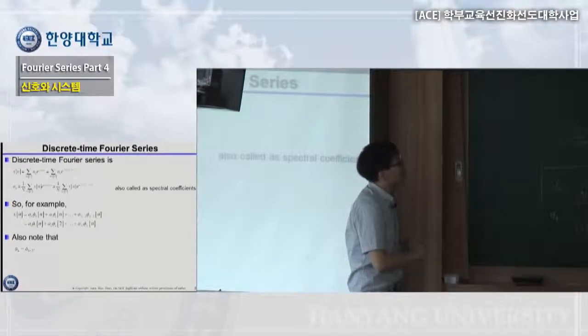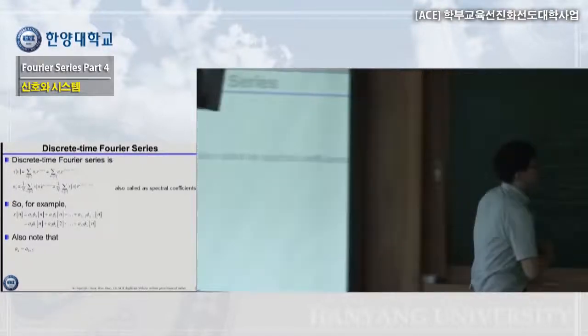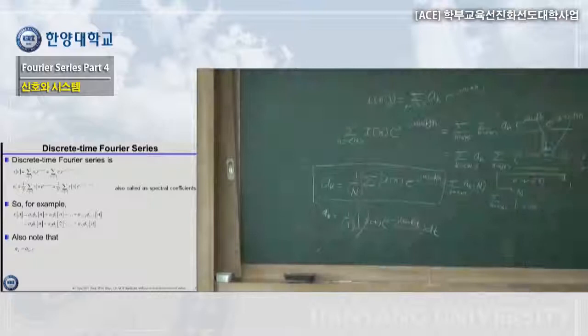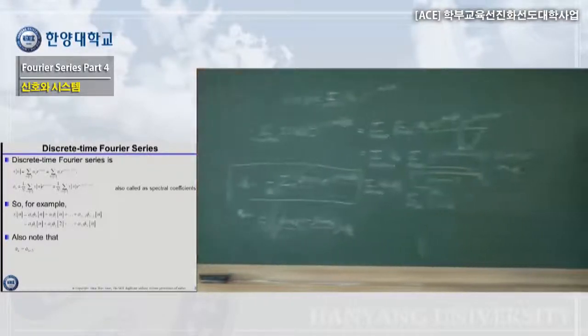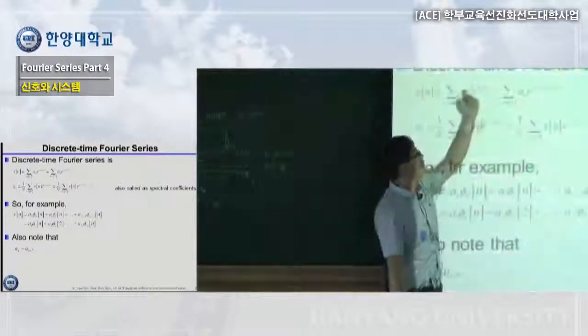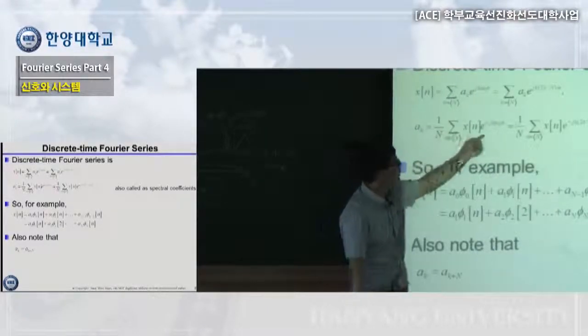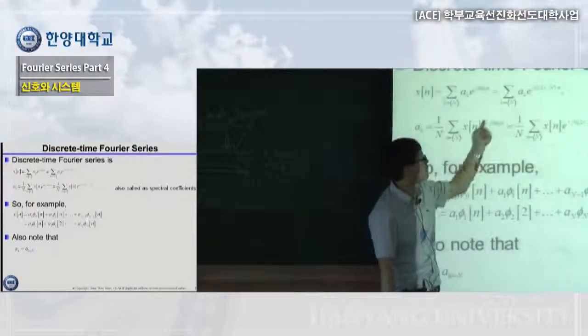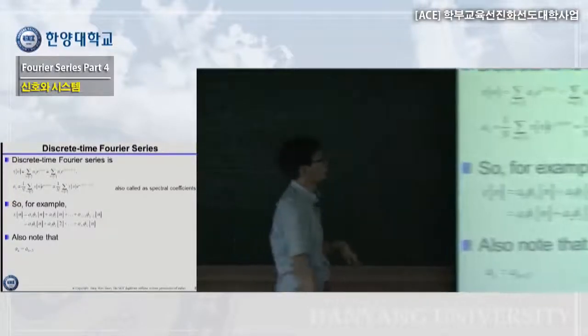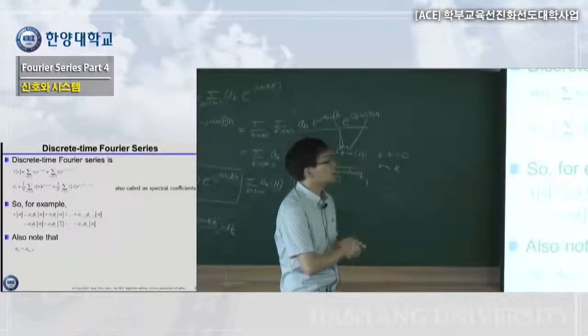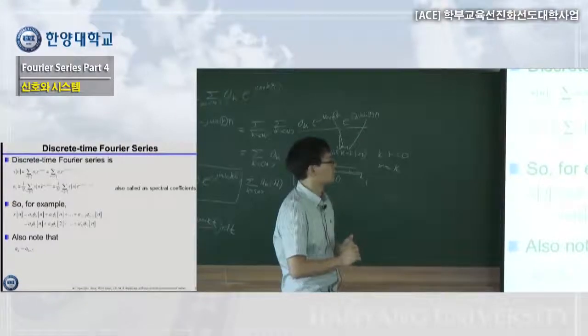Now, in summary, the discrete time Fourier series coefficient, adding over one period, is 1 divided by the period times the signal times e to the minus j omega 0 k n. That's the coefficient.